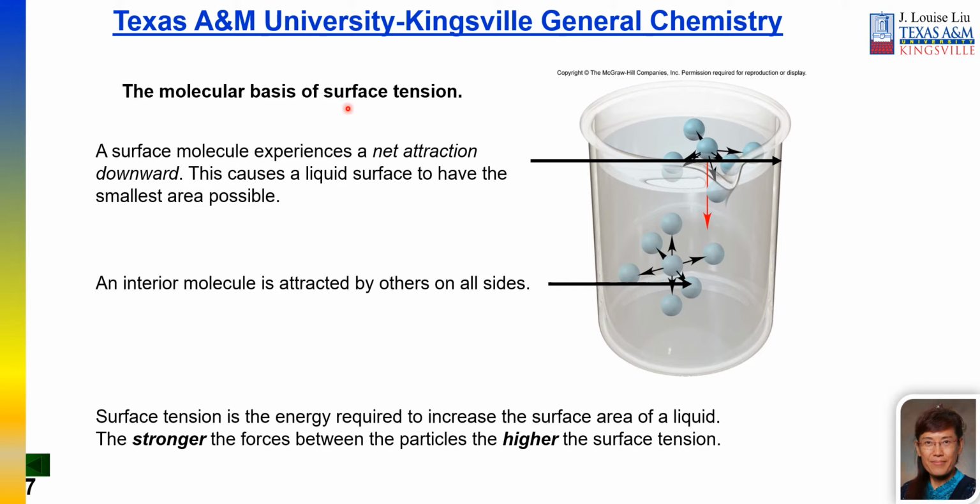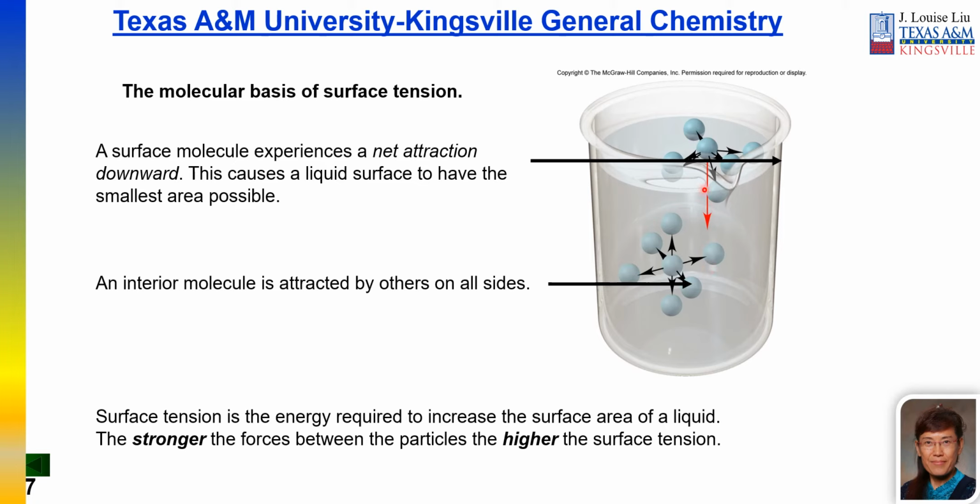The first physical property for the liquid, for the fluid, is called surface tension. The surface molecule, for example, this H2O, this surface molecule is subjected to the net attraction towards the bulk.